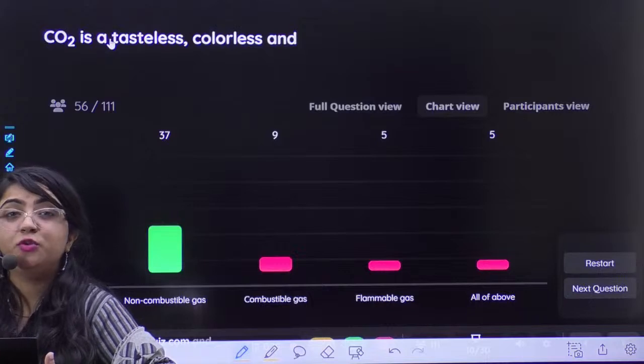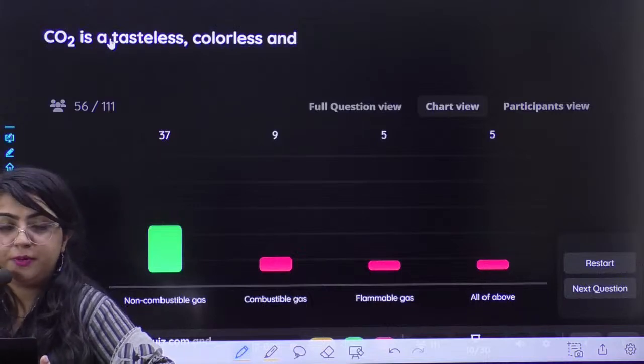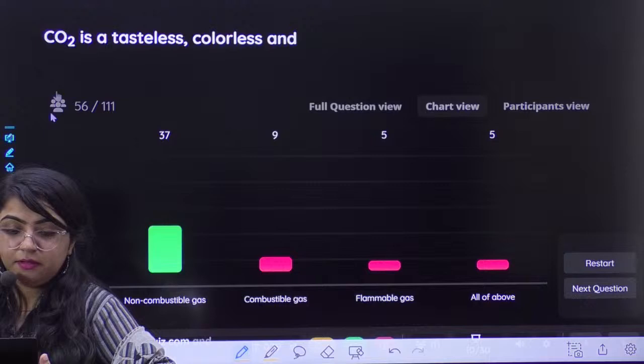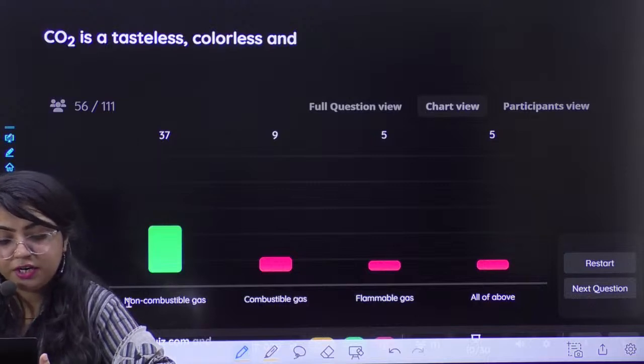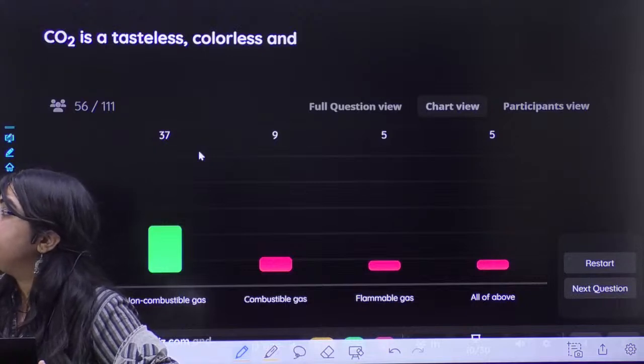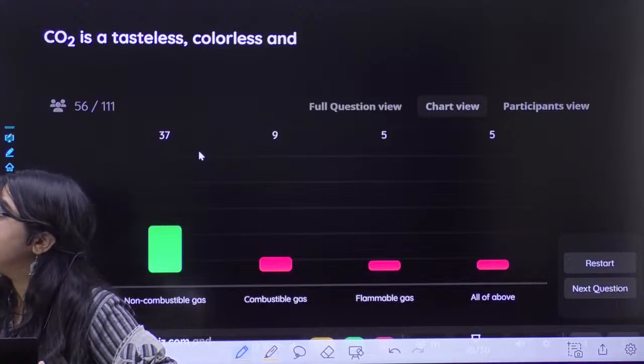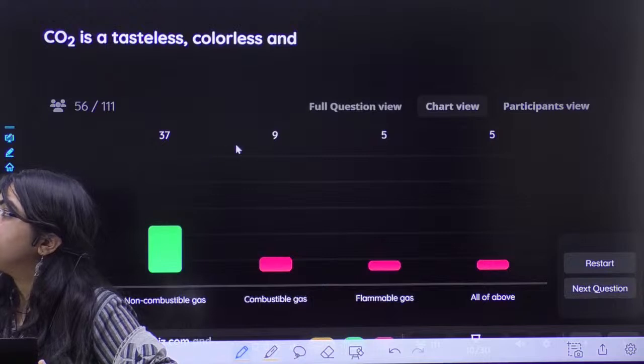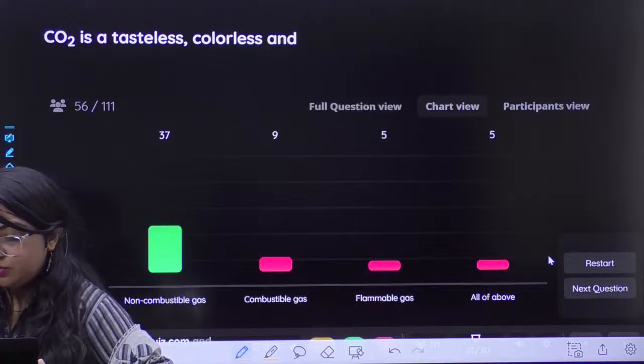If we try to burn carbon dioxide, it will not burn. Hence the correct option is non-combustible gas. Is it clear to all? Let's move to the next question now.